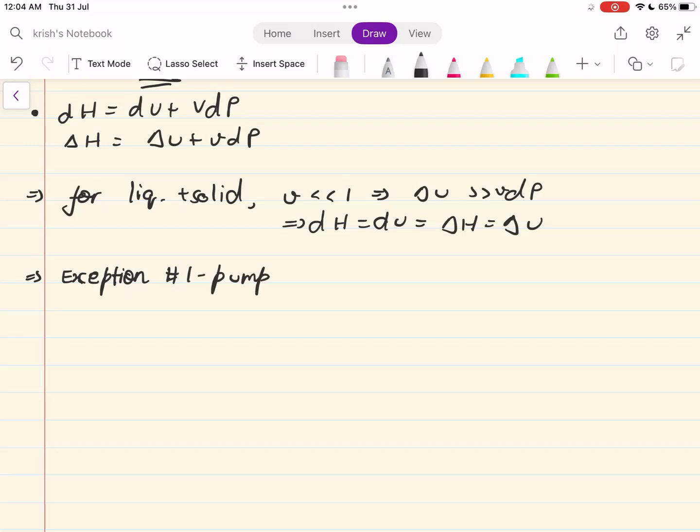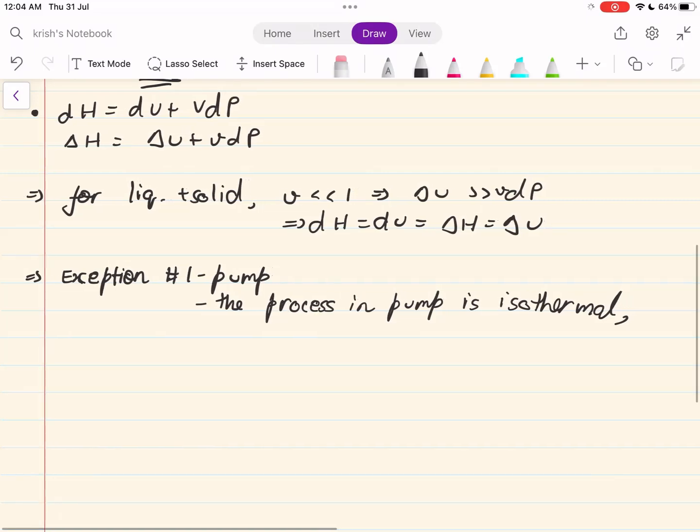Pump, because the process in a pump is isothermal. But a large pressure change is applied in a short time, because obviously you want to move a large amount of water very quickly through a pressure difference or a gradient difference, right?